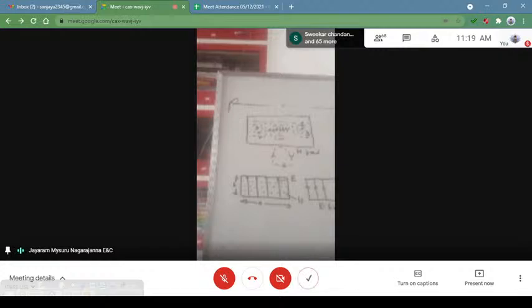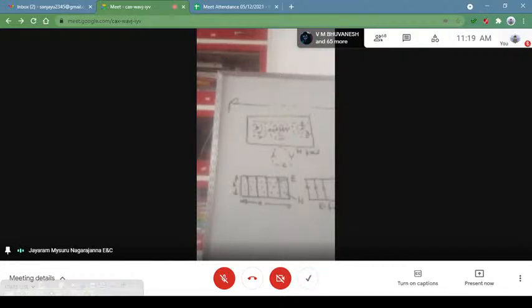Some textbooks say that it corresponds to the number of zero crossings that occur for the field across the cross section of the waveguide. Both ways it is one and the same. Whether you take the number of zero crossings or the number of maximums or peak values of the fields, whether it is E field or H field, it is one and the same.